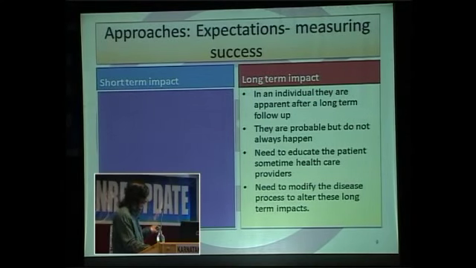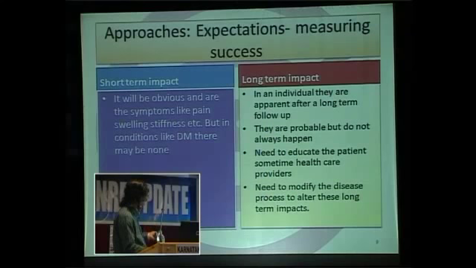So the approach and expectations: when you have an expectation, you need to measure the success. If you look at the short-term impact, it will be obvious. For example, when you are trying to treat the symptoms of rheumatic disease, at least we have pain, swelling, stiffness, which will be obvious when you intervene. Patient's symptoms, pain, everything comes down, patients feel comfortable.